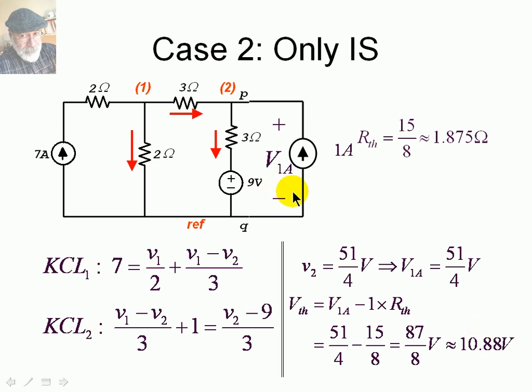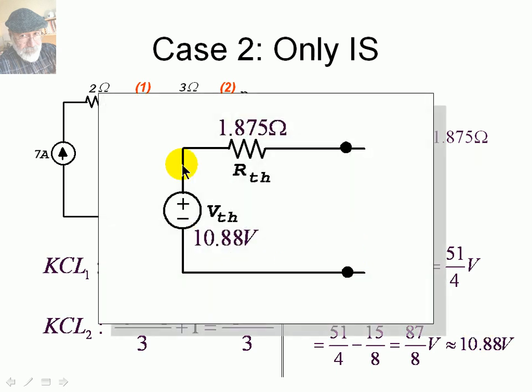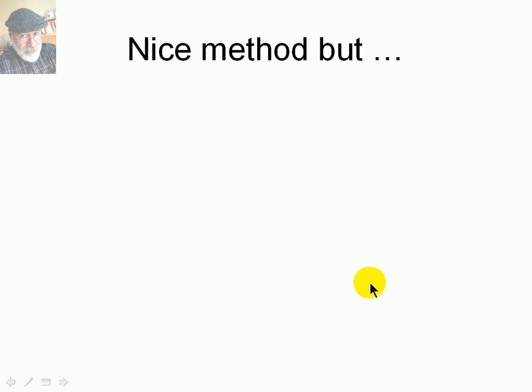That is, that circuit, the original one, is equivalent to this Thevenin circuit: 10.88 volts and 1.875 ohms. That equivalence is only at that port PQ. That is a very nice method, right?